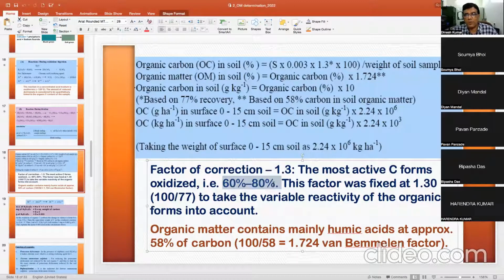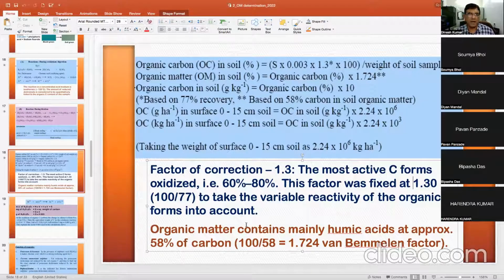So it is not that all the carbon present in the soil will be oxidized. Only 60 to 80% carbon can be oxidized by chromic acid. So this factor was fixed at 1.3, considering 77% recovery. Only 77% recovery of the carbon, then the factor is 1.3, 100 divided by 77.